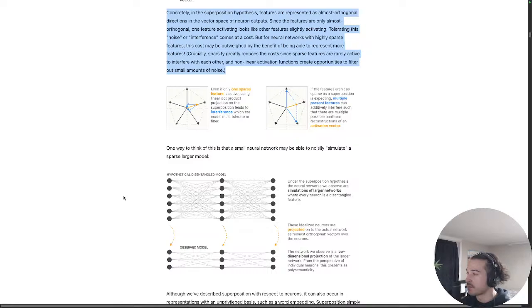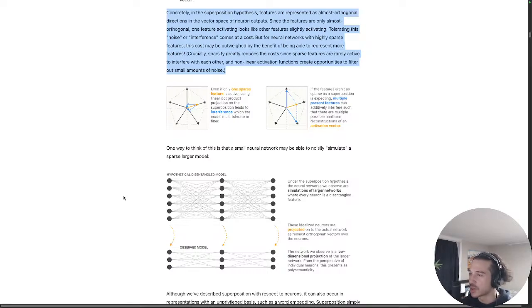And then on the right, if the features aren't as sparse as the superposition is expecting, multiple present features can additively interfere such that there are multiple possible nonlinear reconstructions of an activation vector. So here we see a similar image where that same line is firing, but unfortunately there are 2 other vectors which are firing greatly, so there's strong interference.